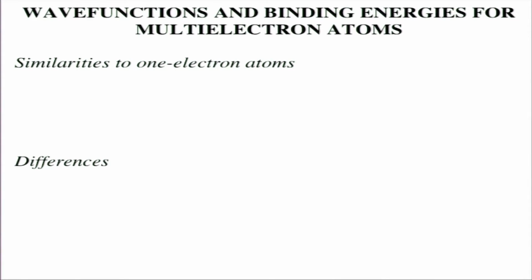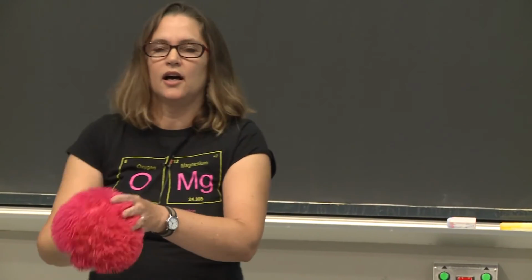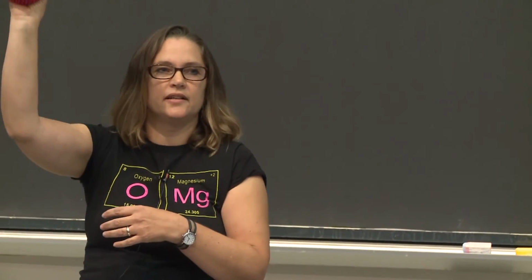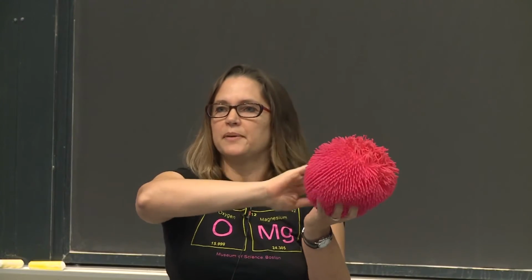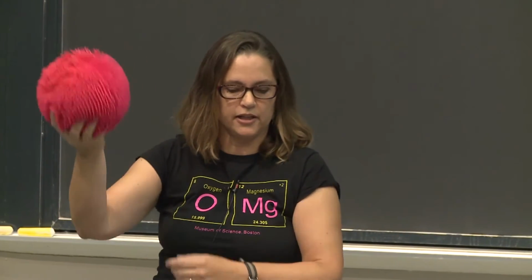So similarities and differences. Similarities, we have the same shapes of orbitals, whether we're talking about a 1 electron system or more. So again, we're going to have our s orbital. So this is my version of an s orbital that you can hold in your hand, where you have it spherically symmetric, and you have probability out in every direction of r that you might find an electron, except at our radial nodes.